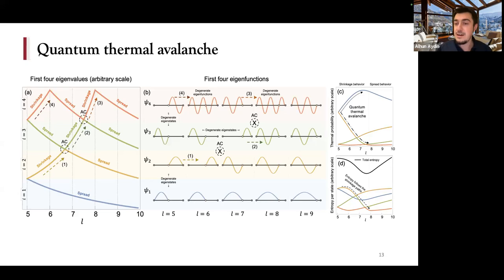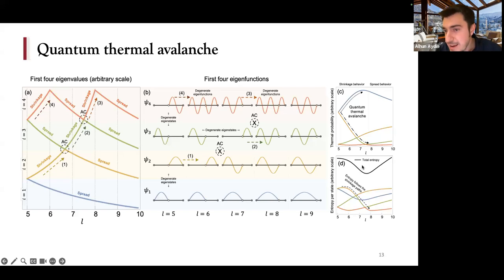And you see this also quantitatively if you look at entropy per state. Look what happens, for example, here. The entropy follows the shrinkage paths. These are the shrinkage paths. This is the shrinkage of the first excited state. This is the shrinkage of the second excited state, this one, and so on. And this is the total entropy.